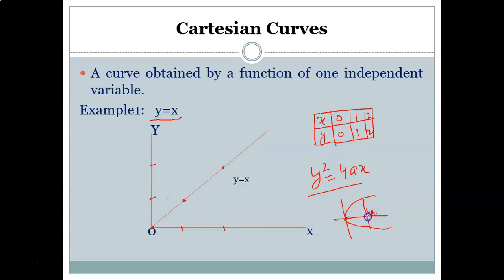So the focus of this parabola is at this point. Because you have already studied this type of curve in your two-dimensional geometry, it is easy to tell the geometry of this curve. Similarly, if you have x square equal to 4ay, then you know the parabola of this sort is represented in this way. Similarly, different curves have their different geometries.